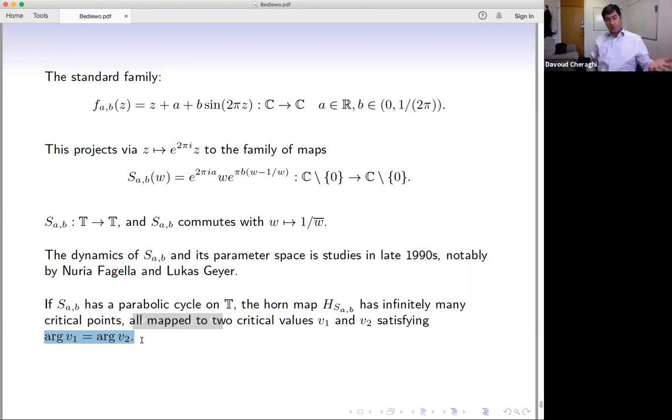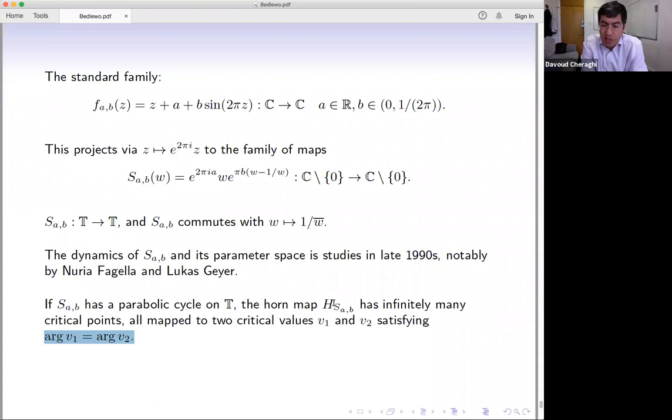In other words, the critical values of the Horn map lie on a ray passing through 0. So if there is a rotational symmetry that maps one critical value to the other critical value, either you have a single critical value, so that means these V1 and V2 collide at one point, or the rigid rotation will be a dilation, doing an expansion or a contraction.